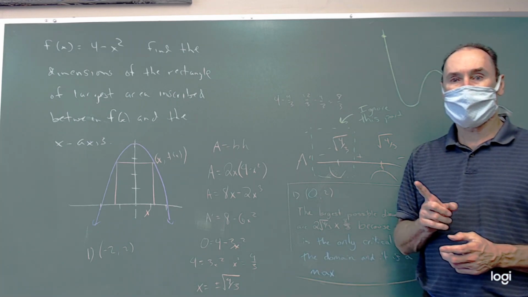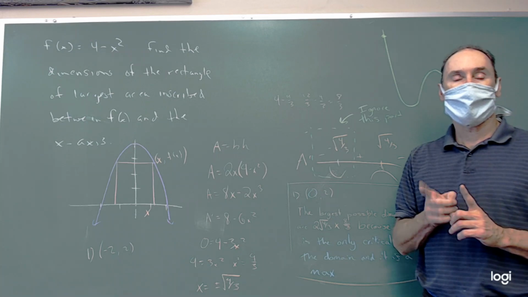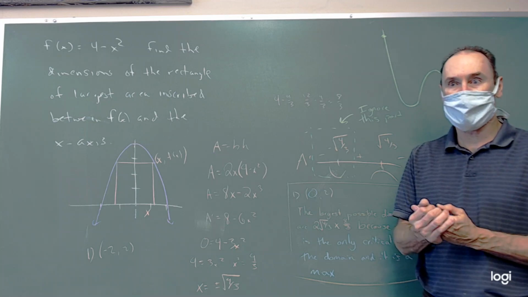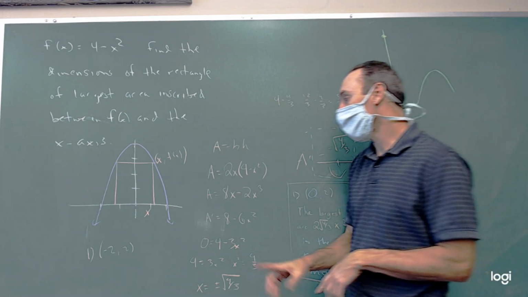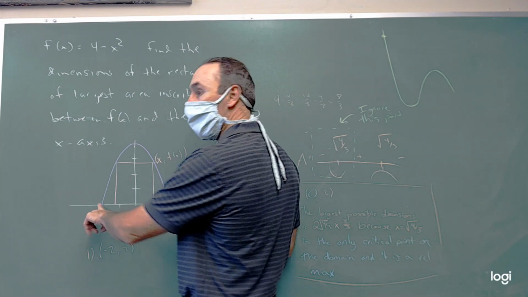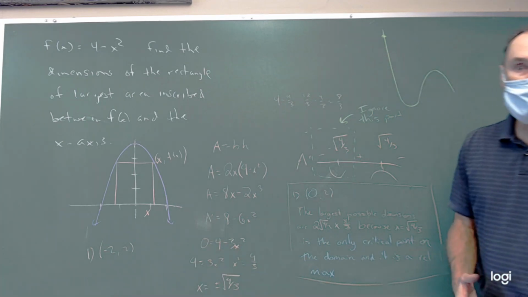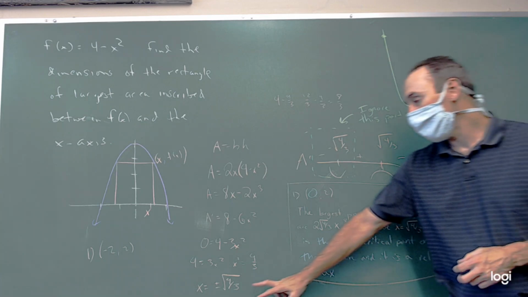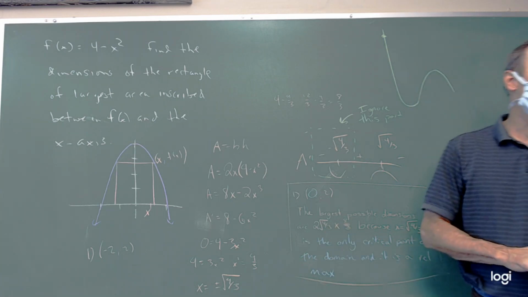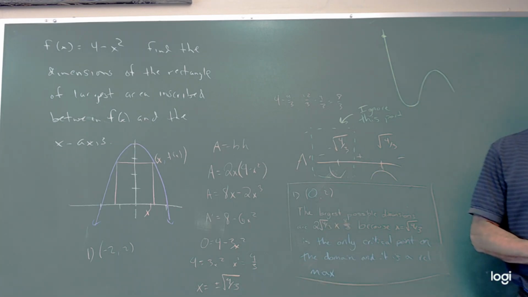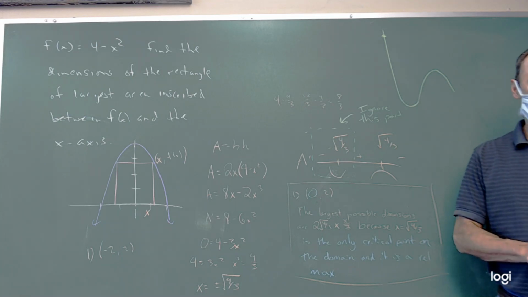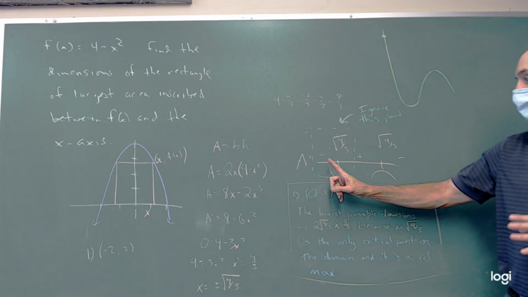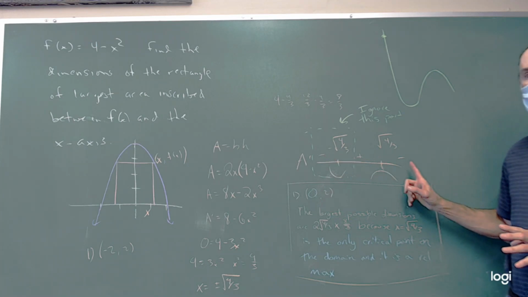Now it's worth, like we said, putting a little time and thought into restricting your domain as much as possible. Certainly we could say the domain goes from -2 to 2. But if you do that, you're going to include both of these critical points. And now the argument for an absolute maximum becomes more complicated, because the derivative is going to go negative, positive, negative.